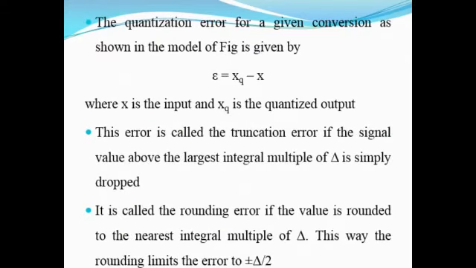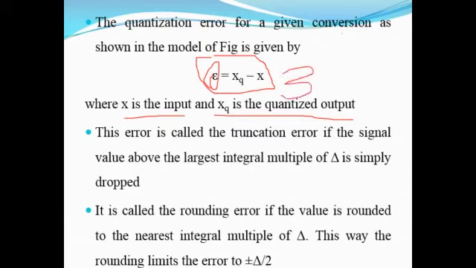Now the quantization error for the conversion is given by this equation: E is equal to xq minus x, where xq is the quantized output and x is the input. The error depends on the difference between the quantized output and the actual input. If the quantized output is 3 and the input is 2, then the error is 1.